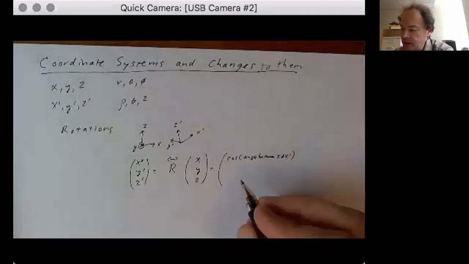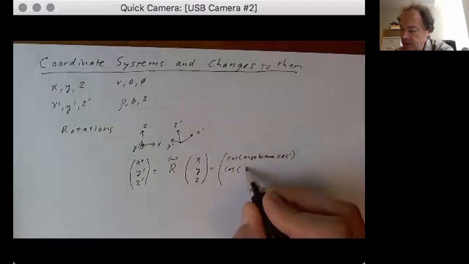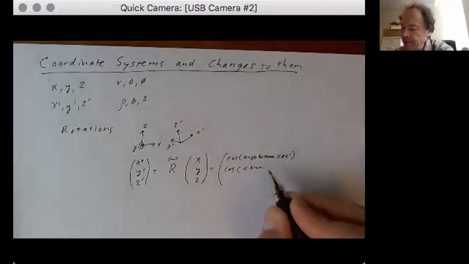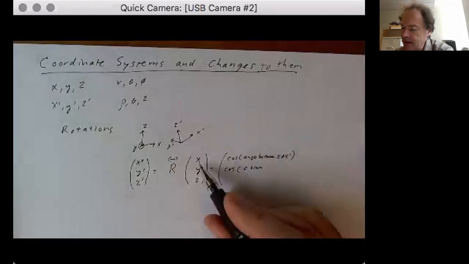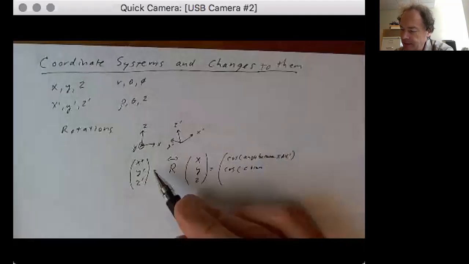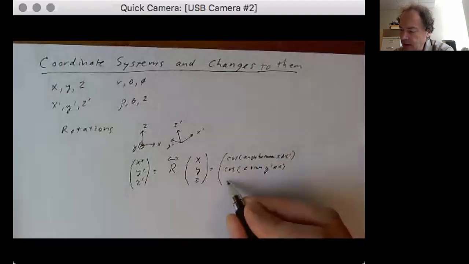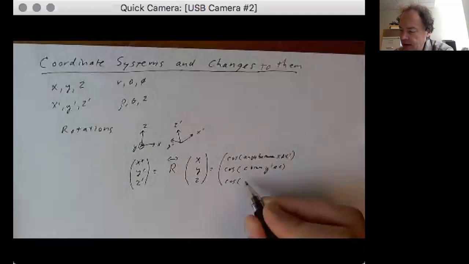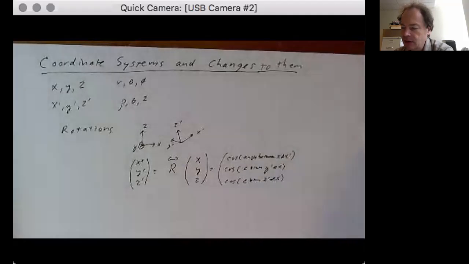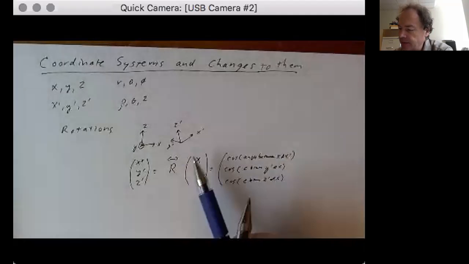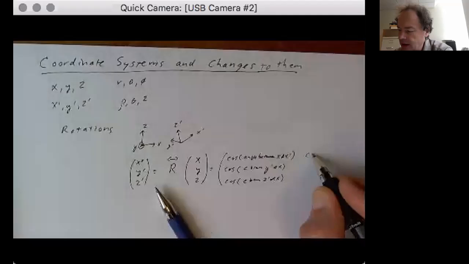Over here it's the cosine of the angle between x and y prime. And down here it's the cosine of the angle between z prime and x. And then in the second column, it's the cosine of the angle between, now instead of having x's, we're going to have y's.